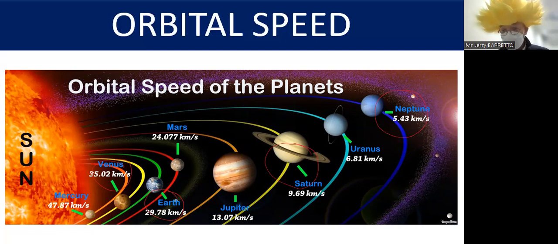And if you do that in 1 second, Neptune is still faster than you. So you would need to go to IFC, Pacific Place, IFC, Pacific Place, and then what? Maybe halfway through in 1 second. That's how crazy fast Neptune is. And that's only Neptune because, as you can see, the other planets here have a greater orbital speed.